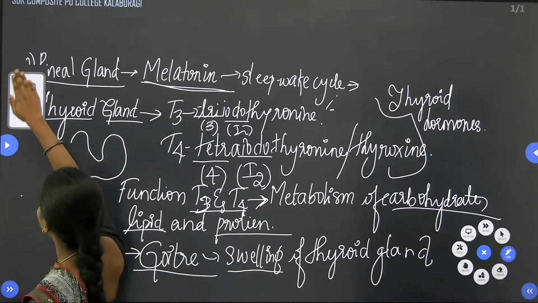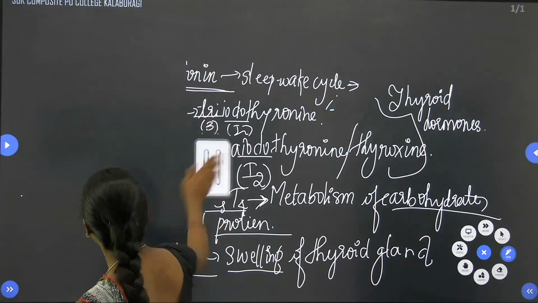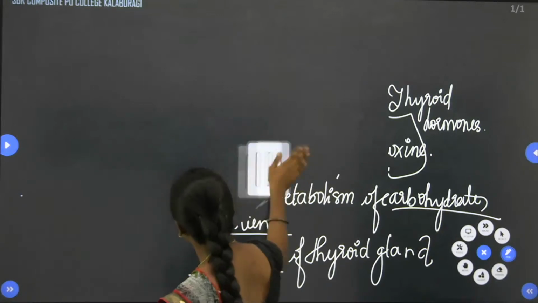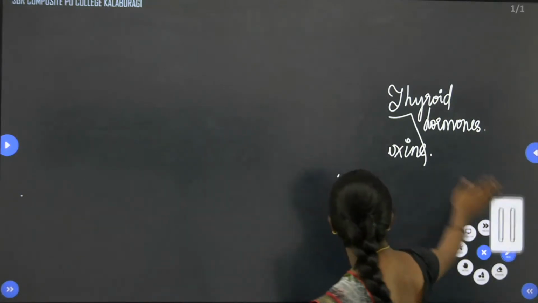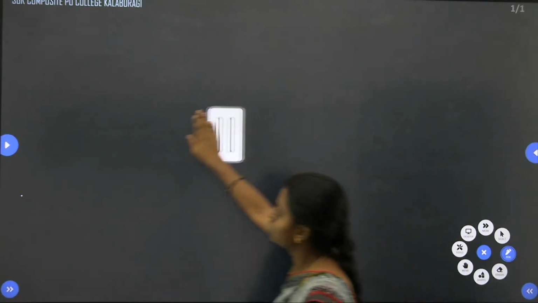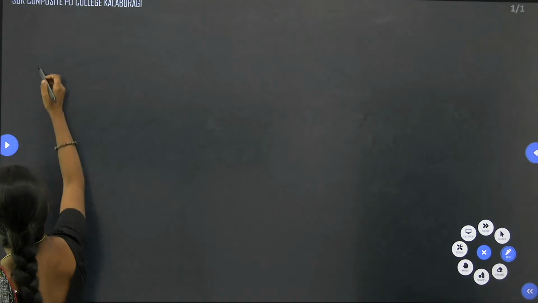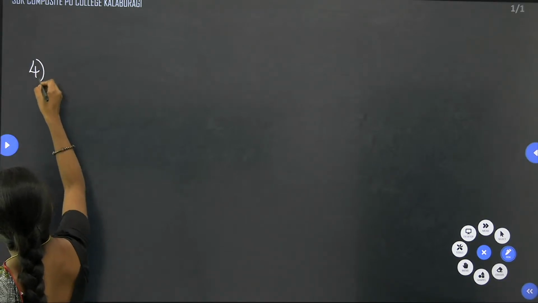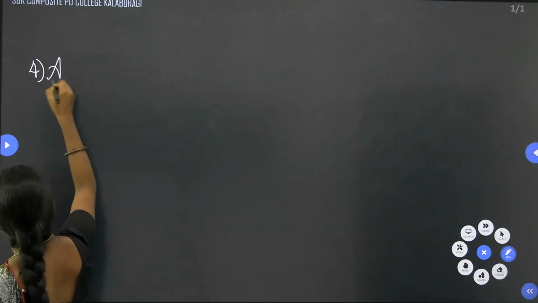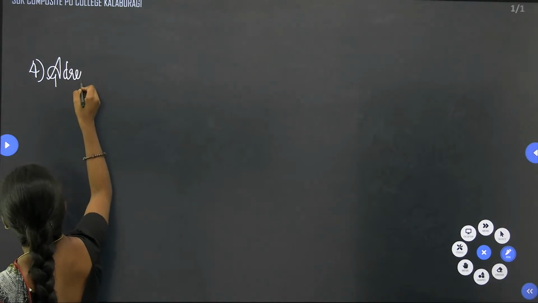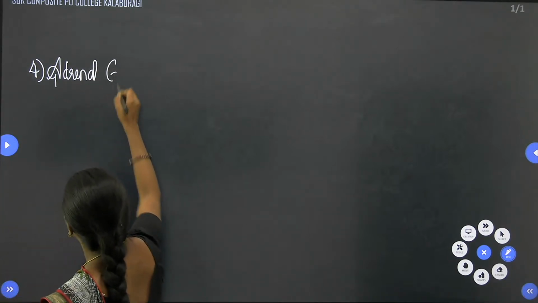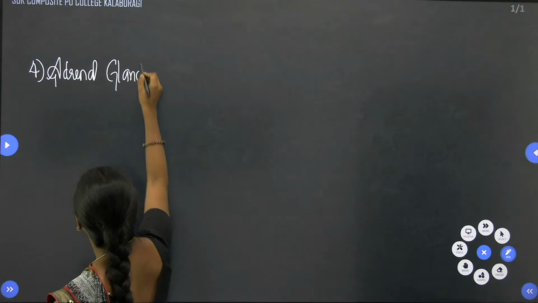Coming to the next endocrine gland, that is the adrenal gland.